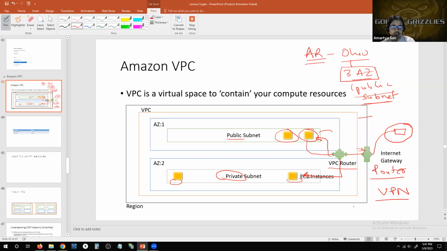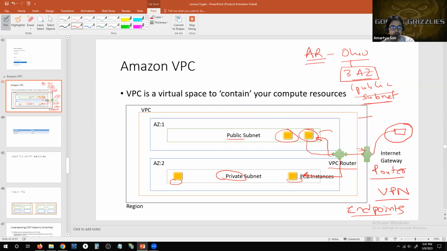The other option is to create what AWS calls endpoints, right? You create these endpoints for these EC2 instances, and then allow an AWS service to directly communicate with the EC2 instances present inside the private subnet. So this is the high-level overview of the architecture of your VPC.